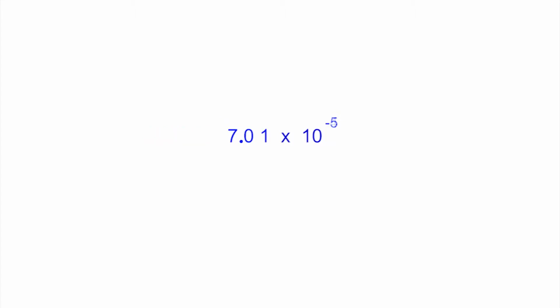Easy, eh? So why have we done this? Standard format is a convenient and therefore less error-prone way of dealing with very large and very small numbers. If you don't like multiplying large numbers and find it easier to add, then try this trick, 300 times 600. Convert to a standard format to make 3 times 10 to the 2 times 6 times 10 to the 2.